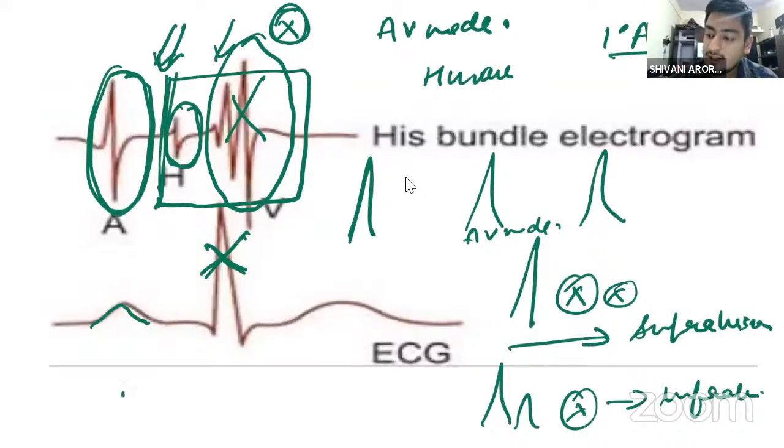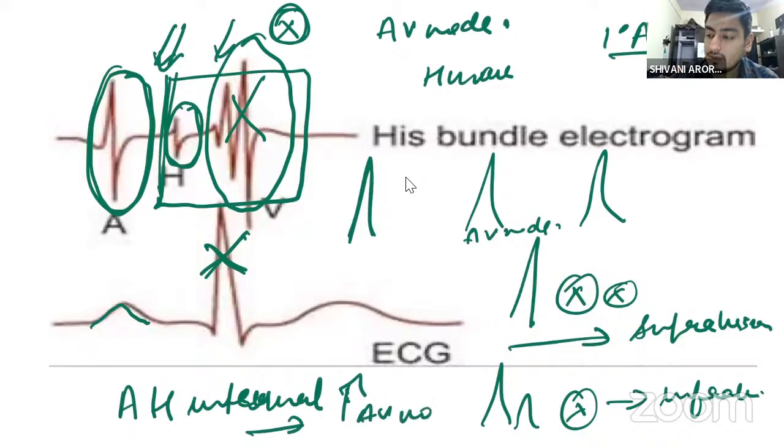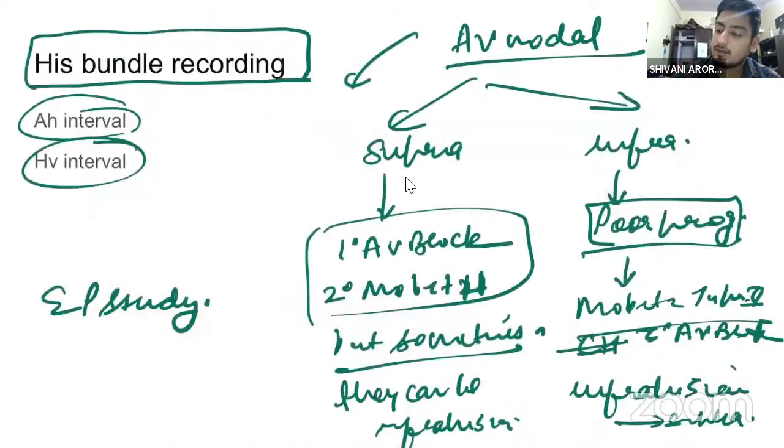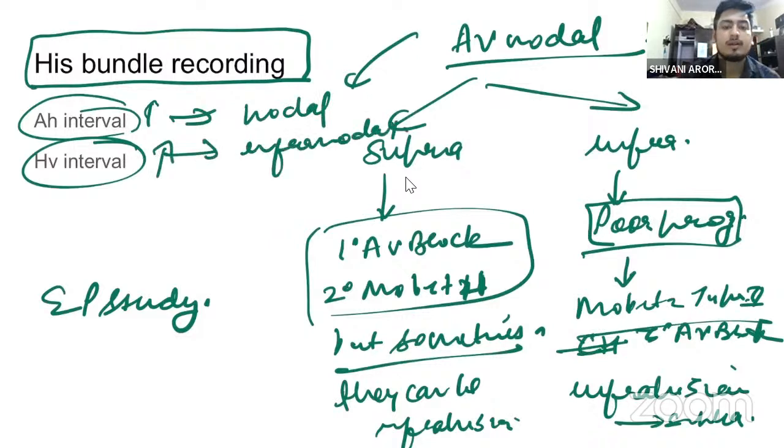If AH interval prolongation is there, then first degree AV block is at the level of AV node. If HV interval prolongation is there, then the first degree AV block is infranodal. So if the AH interval is prolonged, it's nodal; if the HV interval is prolonged, it's infranodal. Is it clear?